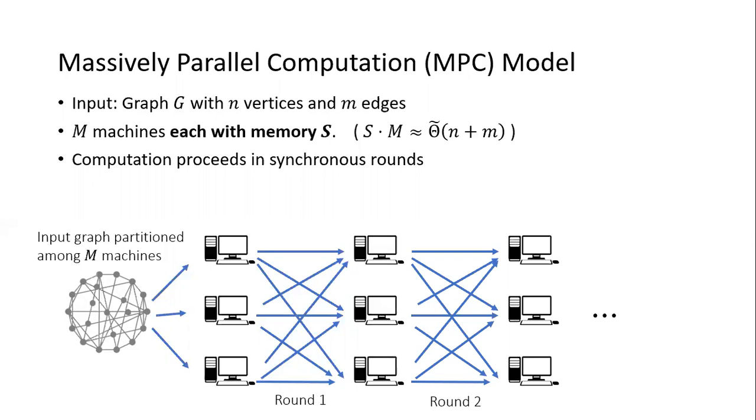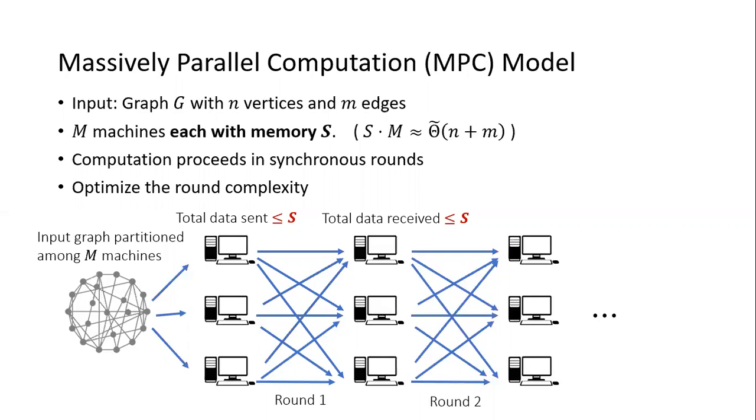The only restriction here is that the total message size cannot exceed the memory limit. So in each round, the total data sent from a machine is at most S, and the total data received by a machine is also at most S. And the goal is to optimize the round complexity.